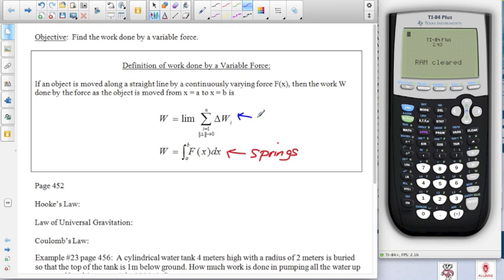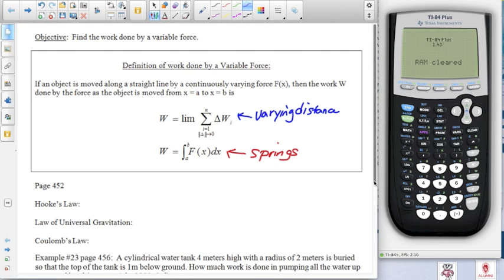So we might be taking a part of an object and lifting it 1 meter, and then taking another part of the object and lifting it 4 meters. So when we have almost a constant force but a varying distance, it becomes more convenient to define work in terms of incremental work done.